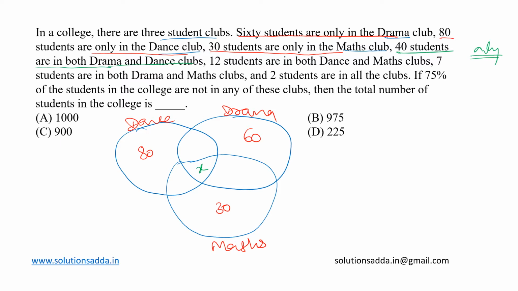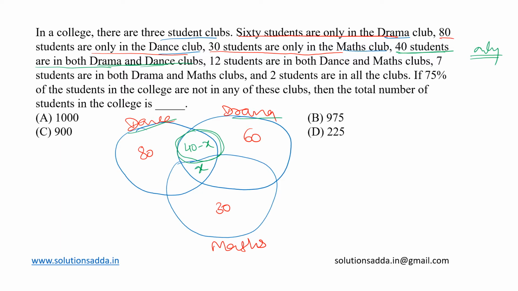So out of these 40, there will also be some which belong to this particular region, and this is talking about drama and the dance club. So whatever the students will be having in this particular region, some may also belong to all the 3 clubs. Hence, these 40 minus X will be the number of students who belong only to these 2 clubs and not to all the 3.